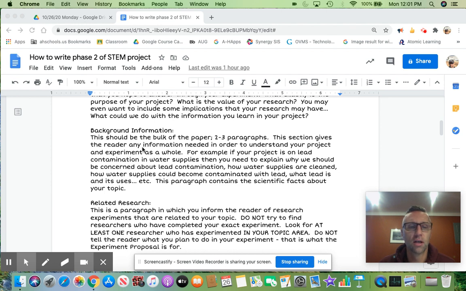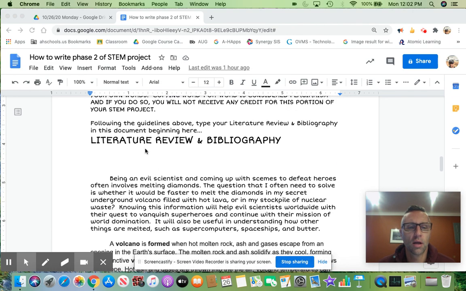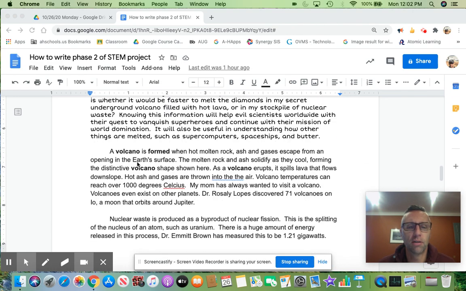This is just when I'm looking at my independent variables and how I'm going to run my test, what are things that I'm going to need to know and research? So I've got a paragraph about lava and volcanoes, because if I'm going to research volcanoes so I know how hot the lava can get, I need to find these things.